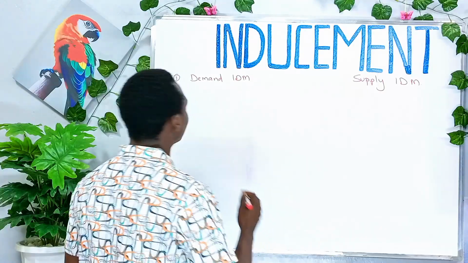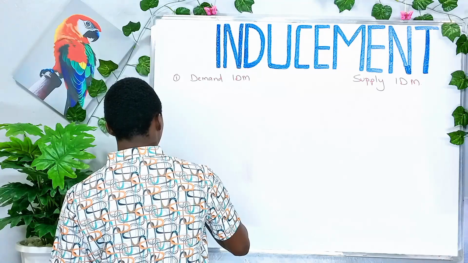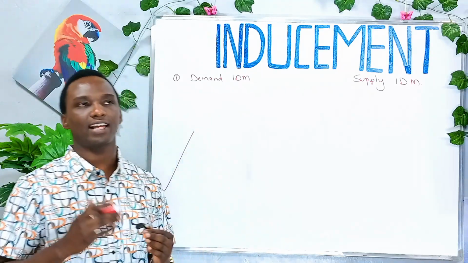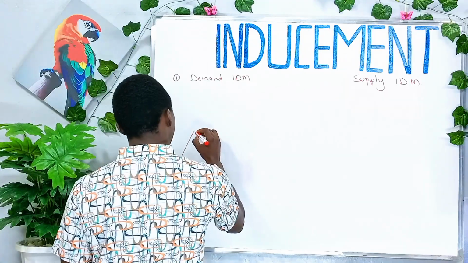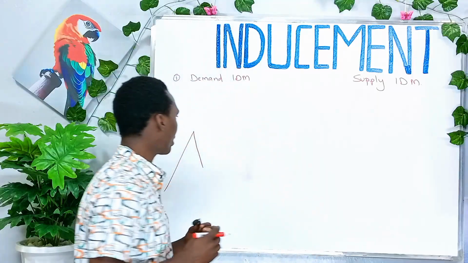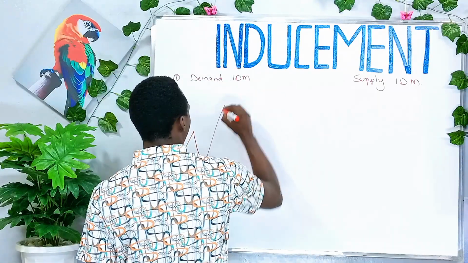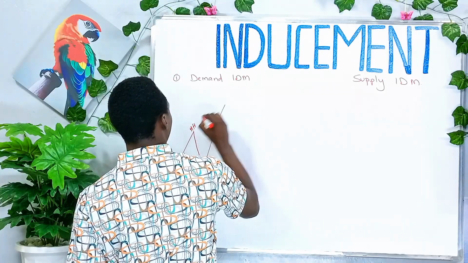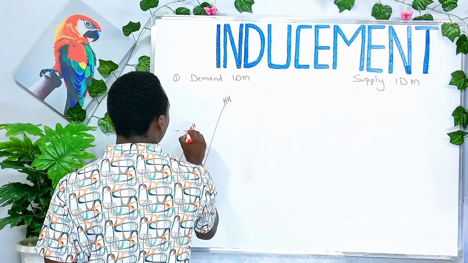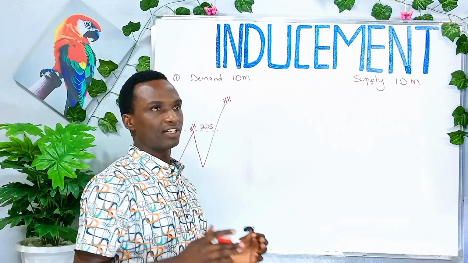So demand inducement is expected to happen in an uptrend. Let us say that the market was in an uptrend, creating higher highs and higher lows. So we expect the market to come to that bargain price, then move on to create a higher high. This is the first higher high, this is the second higher high, after creating a BOS, a break of structure.